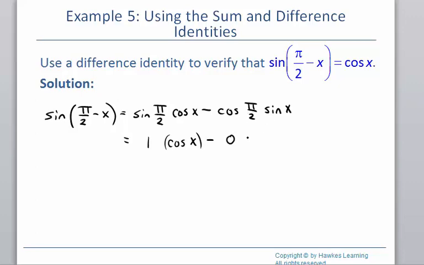And again, sine x is just going to be brought down because we can't simplify that part at all. And so as we simplify further, we have 1 times cosine x, which is cosine x. And we have 0 times sine x, which is going to fall away. And so we have now shown that sine of pi over 2 minus x is equal to cosine x.